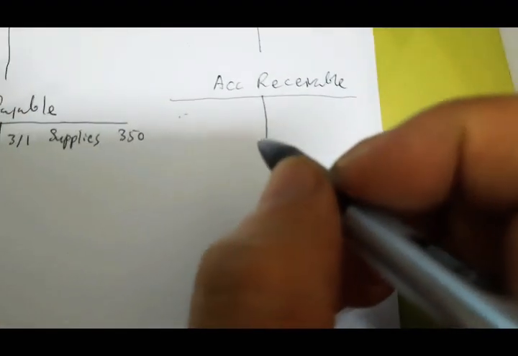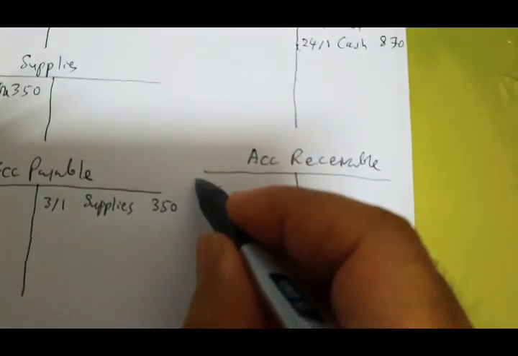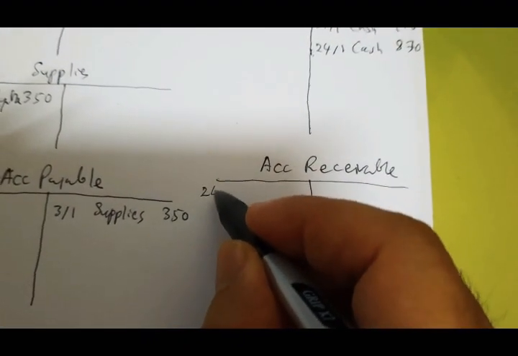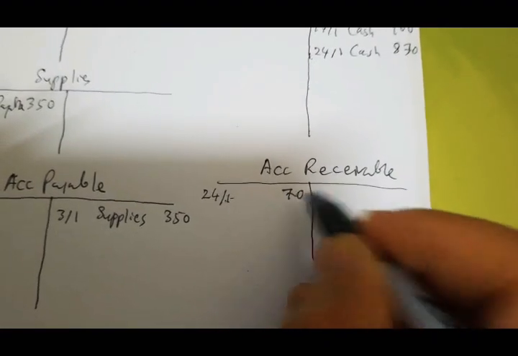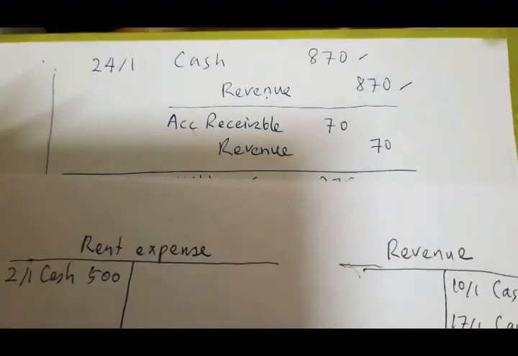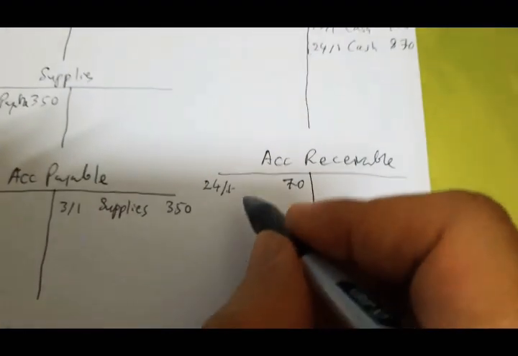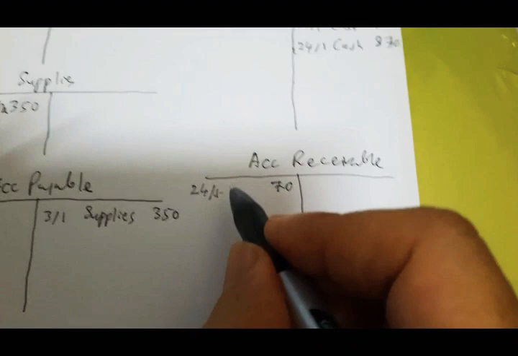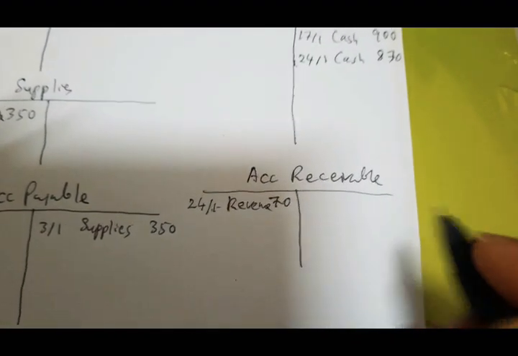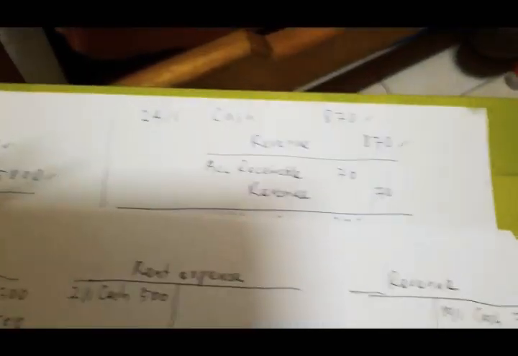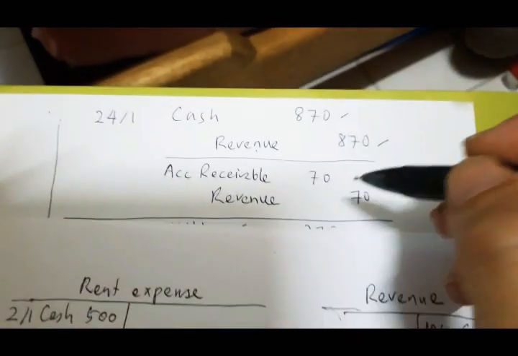Account receivable is here. The date is 24th of January. Debit 70. Refer to which account? Refer to account revenue. Okay, you have done this.